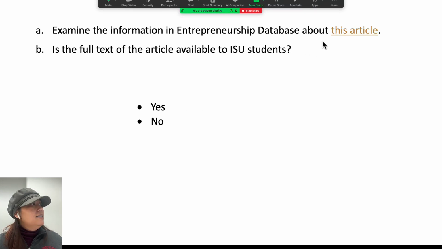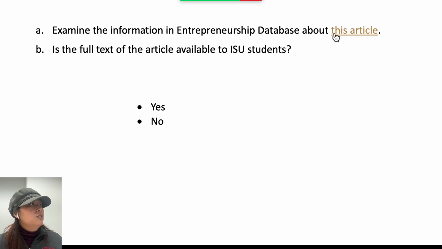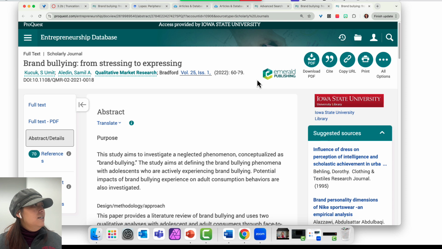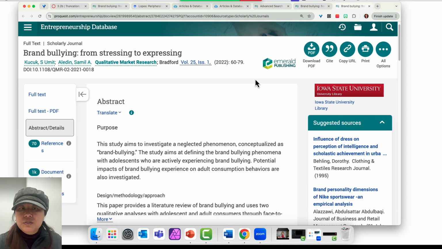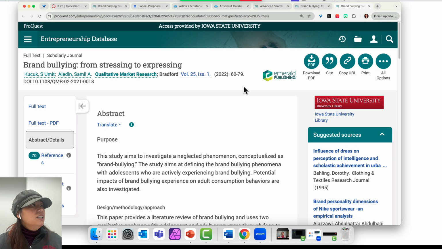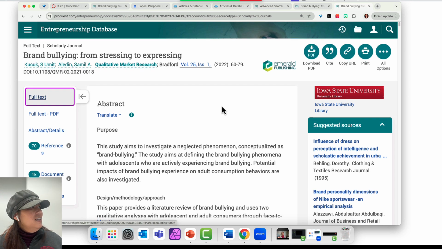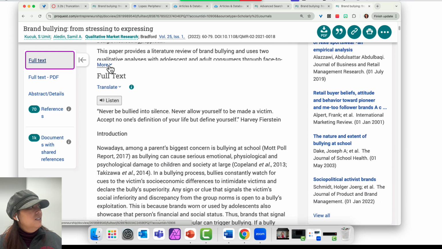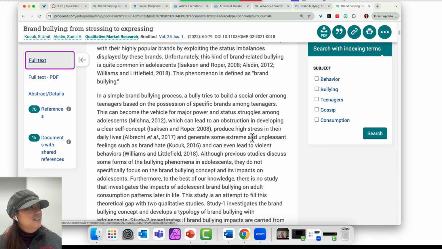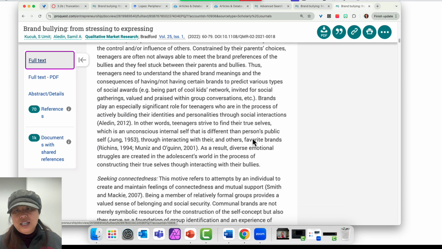Okay, and then it's the same article. Is the full text of the article available to ISU students? Yes or no? How can I tell if the full text is available? I look around for the words full text right here. See it? If I click on it, it takes me to the full text, which is right here.